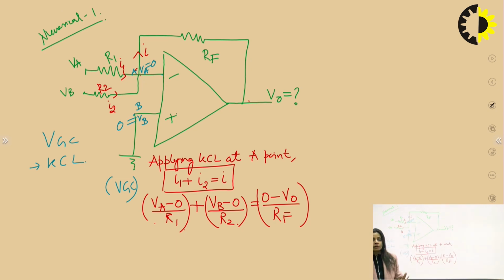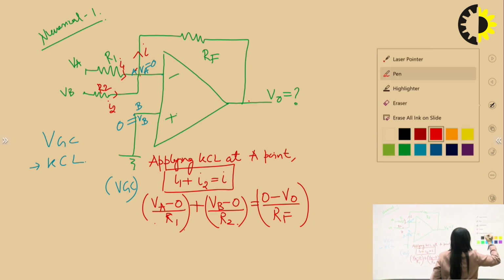RF. Okay. So we have applied KCL at node A and see how I am moving from left to right to find out the current in the branches, right? Now I will calculate for my VO.